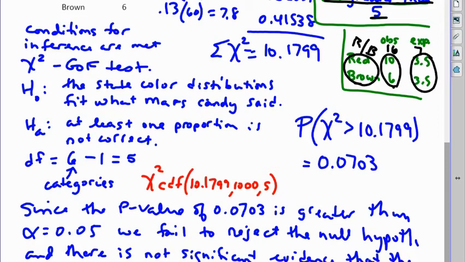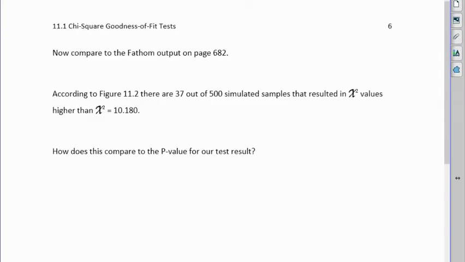And that's basically it, we're right or we're wrong. But that's what the evidence is, that there's not enough evidence to reject their claim.